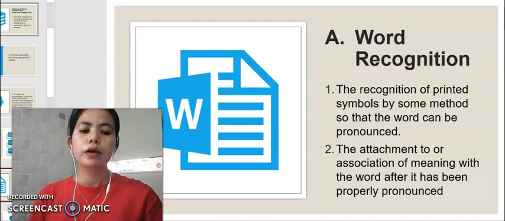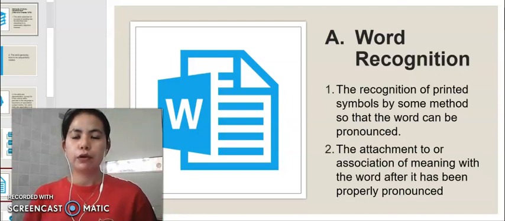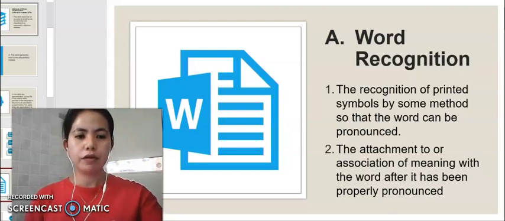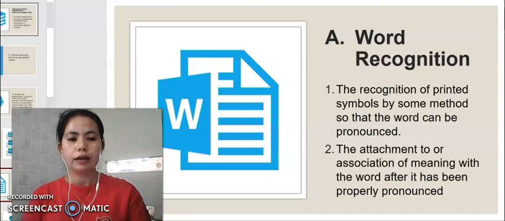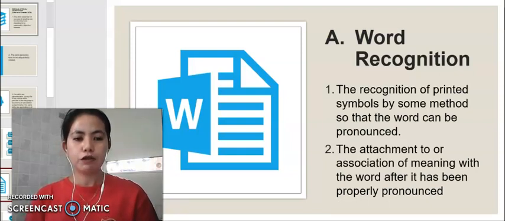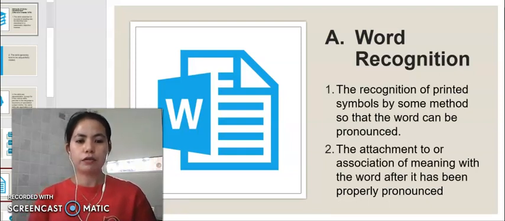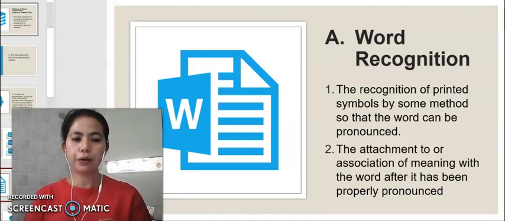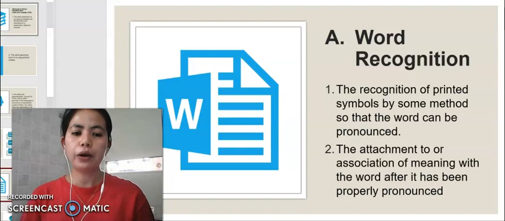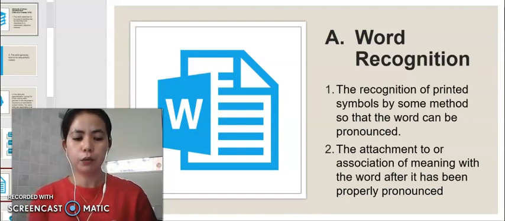So you will be able to recognize the printed words or symbols to be able to pronounce them. Number 2, the attachment to or association of meaning with the word after it has been properly pronounced. So after you properly pronounce the word, you will get to know the meaning of the word.